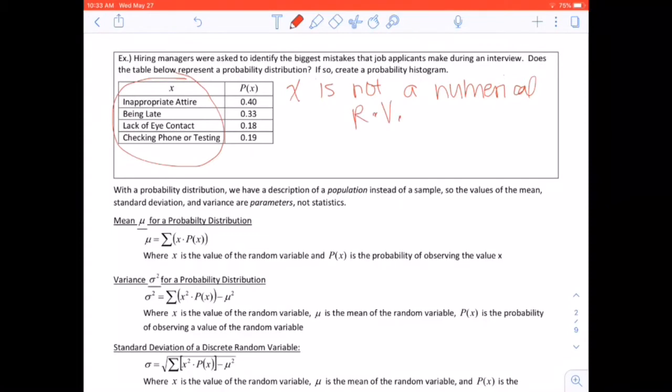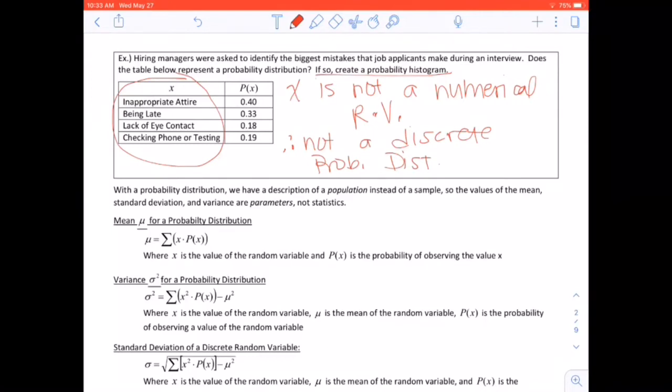So this is not a discrete, so therefore it's not a discrete probability distribution. And it says, if so, create a probability histogram. Well, we are unable to do that because our random variable is not numerical.